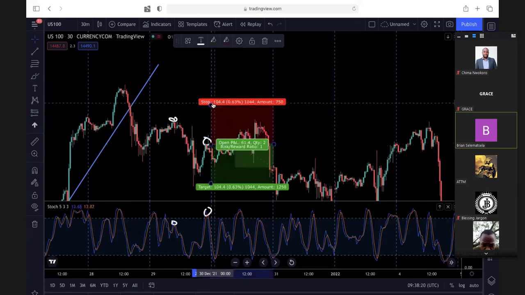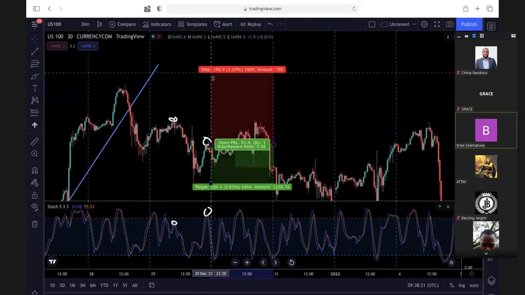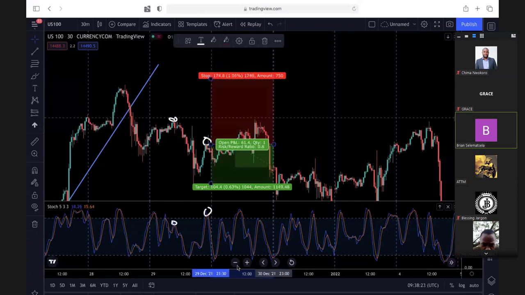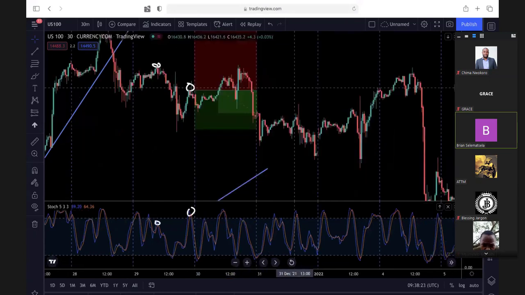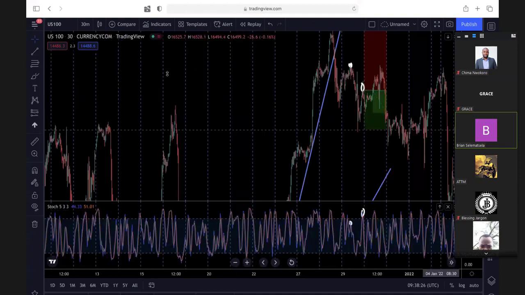Short, and stop loss at around there. So since from there, there's been a serious downward movement.